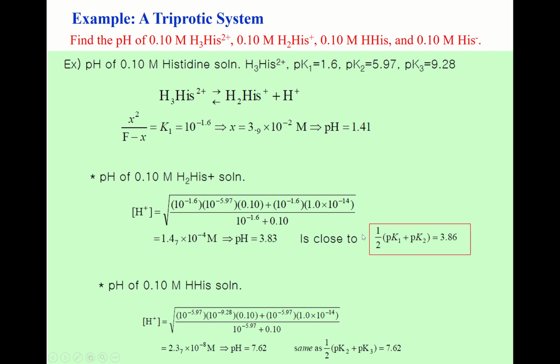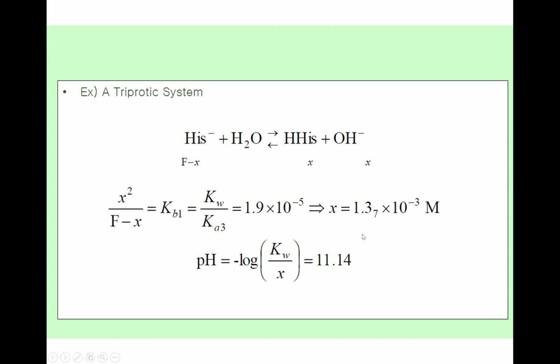Then finally, we have this one, fully deprotonated histidine. It reacts with water to take a proton from it. We take this species as if it were a monoprotic base, and then we use this equation.